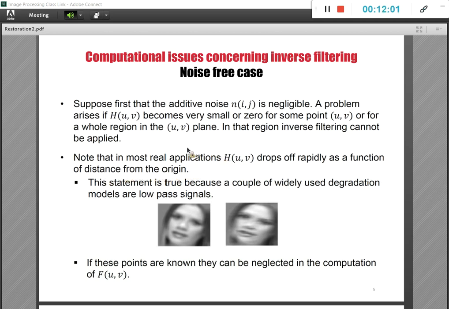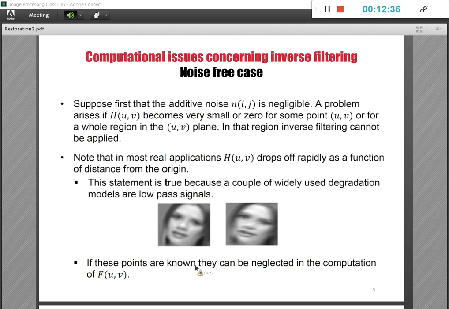This is a very important problem. This is true because a couple of widely used degradation models are low-pass, for example a rectangle window or a circle window for blurring, which is a low-pass filter in the spectral domain.